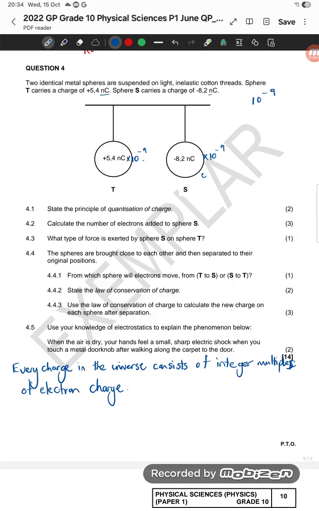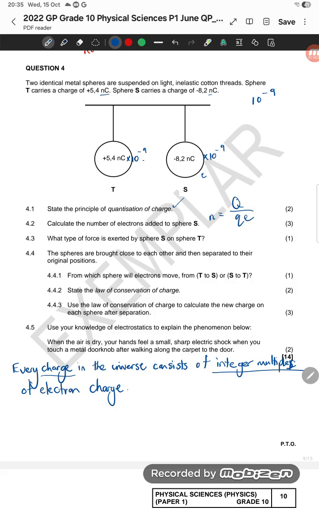State the principle of quantization of charge. Every charge in the universe consists of an integral multiple of electron charge. I don't want half electrons, please. So, calculate the number of electrons added to sphere S. Now, I just found the charge of an electron in that data sheet. So N is equal to my Q in coulombs divided by, guess what?